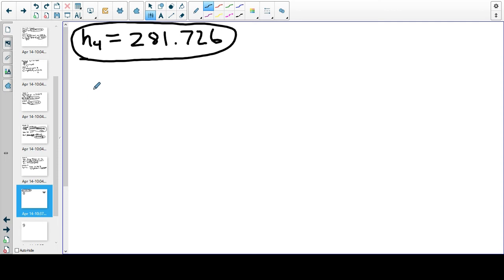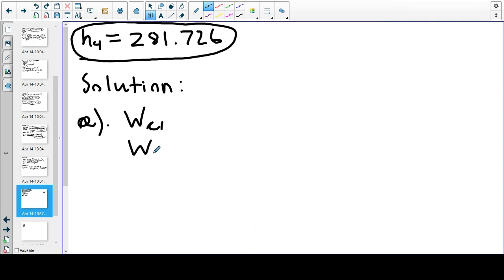And now we're moving on to the answers part of the problem. Solutions. Okay. Part A of this problem is asking for the work of both compressors separately, so we are going to solve them both here in kilowatts. The first compressor is pretty easy.